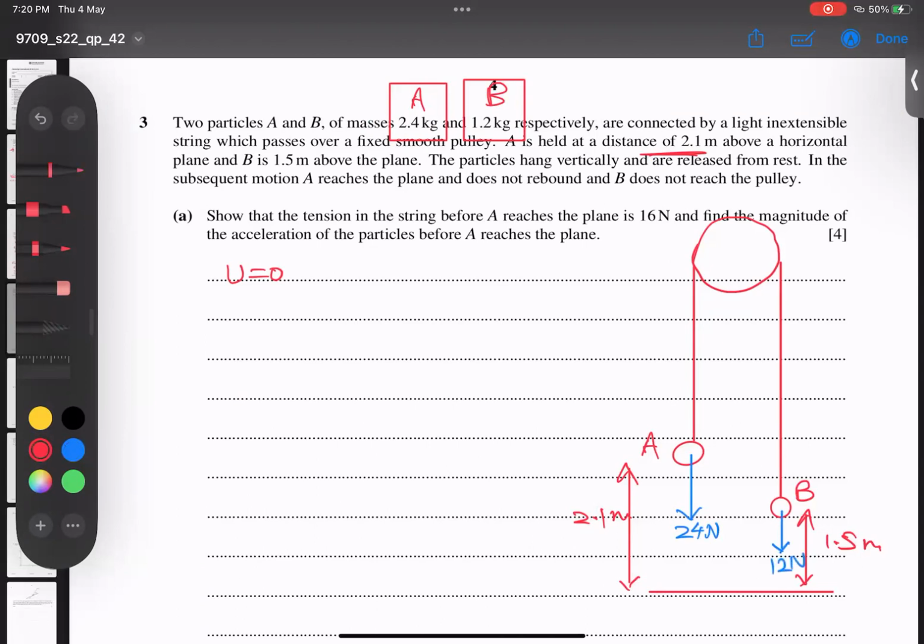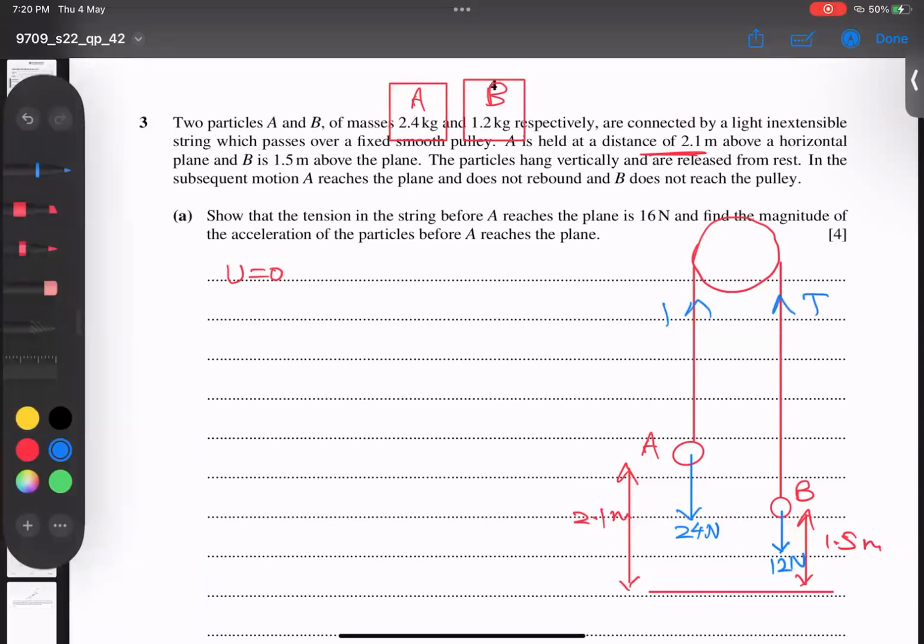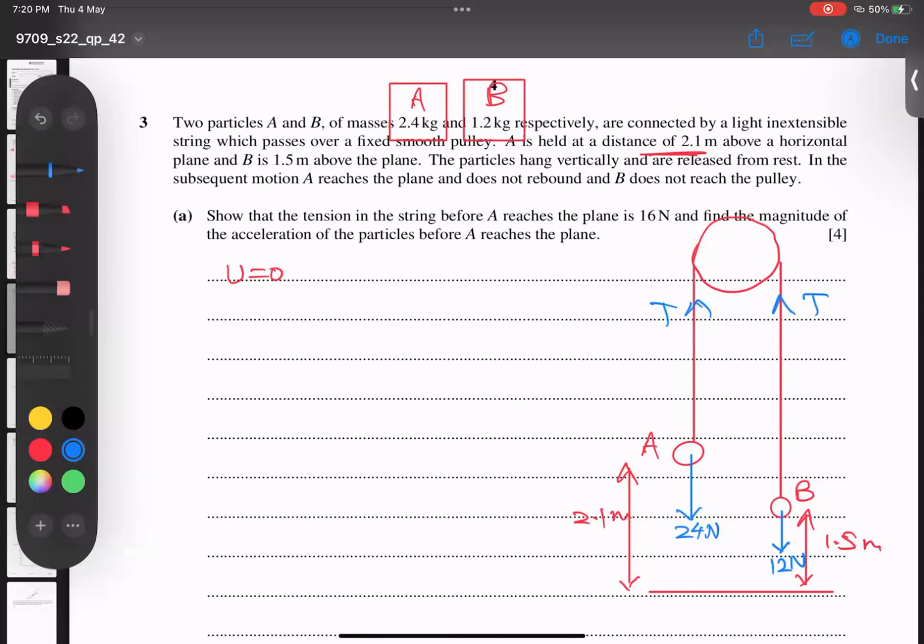Now it's very clear. And one thing, students: tension is always towards the pulley. A is the heavy particle, so A will move downwards and B will move upwards.